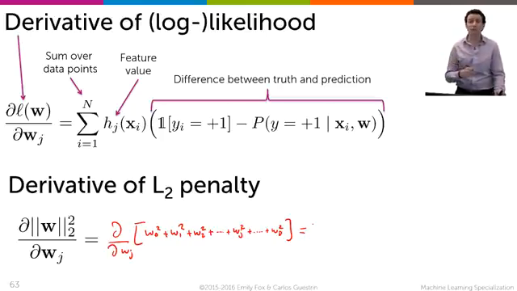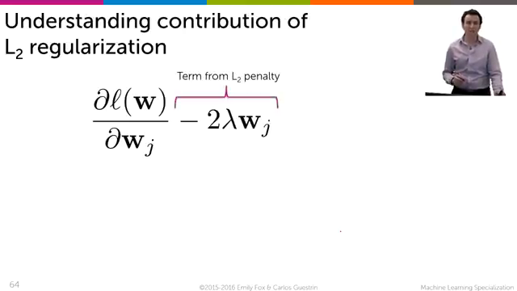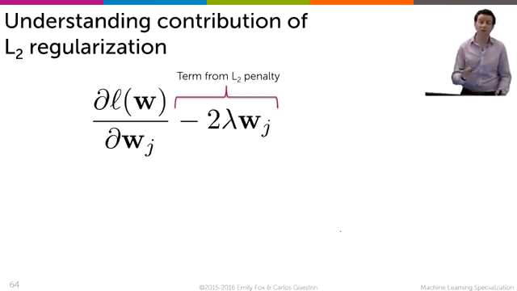And what's the derivative of Wj squared? It's just 2Wj. So in fact, our total derivative is going to be the same derivative that we've implemented in the past, minus 2 lambda times Wj. So 2 times the regularization penalty, the parameter lambda, times the value of that coefficient.